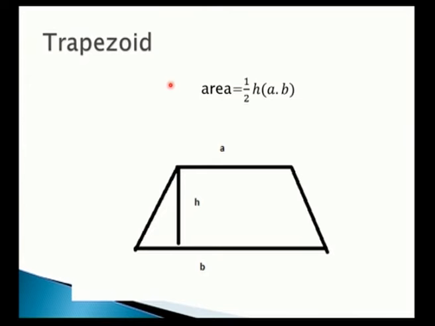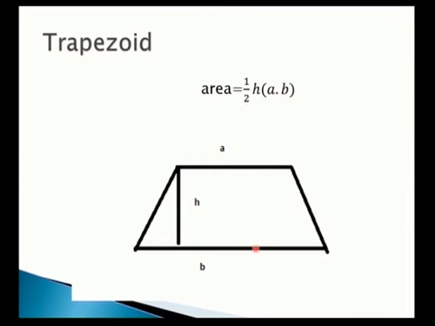You know, a square is also a four-sided plane figure. A rectangle is also a four-sided plane figure. In a square and rectangle, all the four angles are equal to 90 degrees, but in this trapezoid the angles are not equal to 90 degrees and also not equal. Here the opposite sides are parallel.